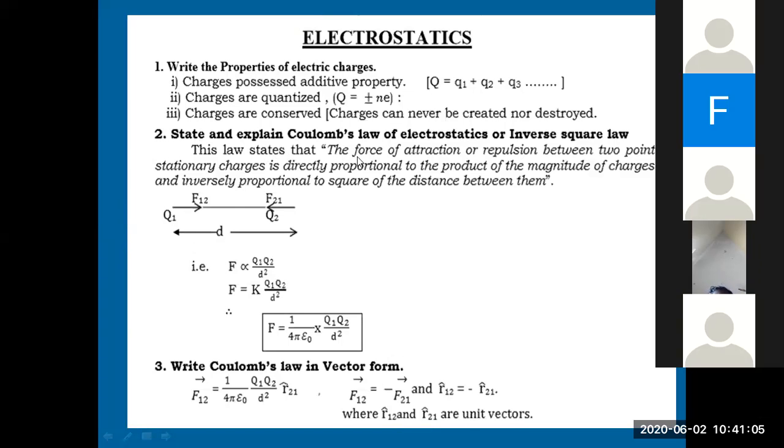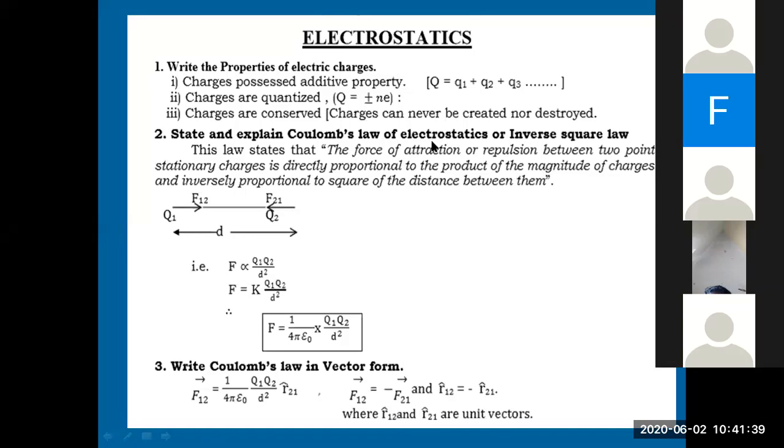Statement of the law: the force of attraction or repulsion between any 2 point stationary charges is directly proportional to the product of the magnitude of charges, and inversely proportional to the square of the distance between them. So that is the statement of Coulomb's law.